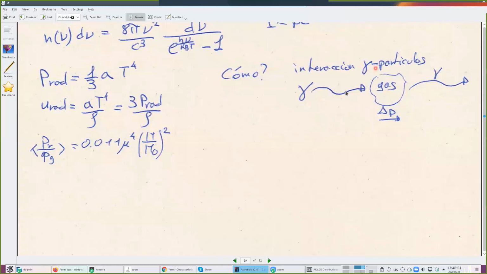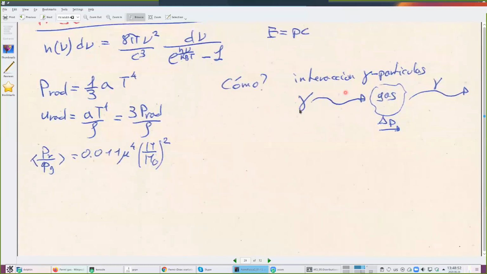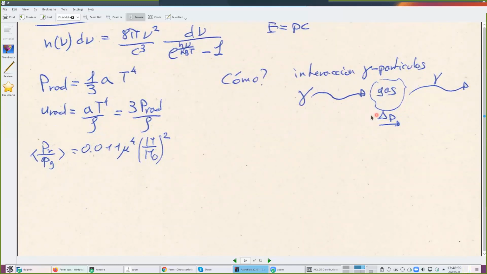Essentially, the radiation interacts with the gas in several ways and goes up, leaving a little momentum to the gas because it is absorbed, emitted, or scattered, and this exchange of energy causes the creation of this pressure.